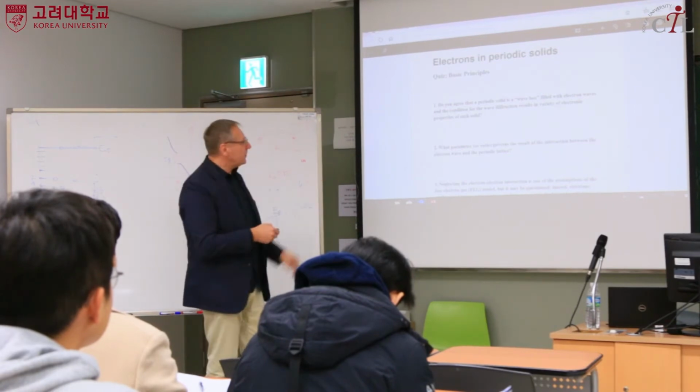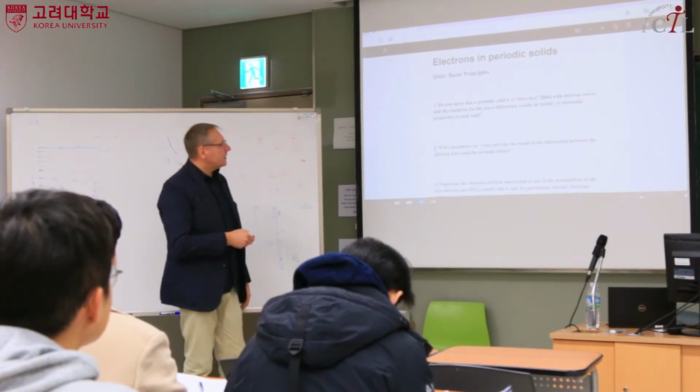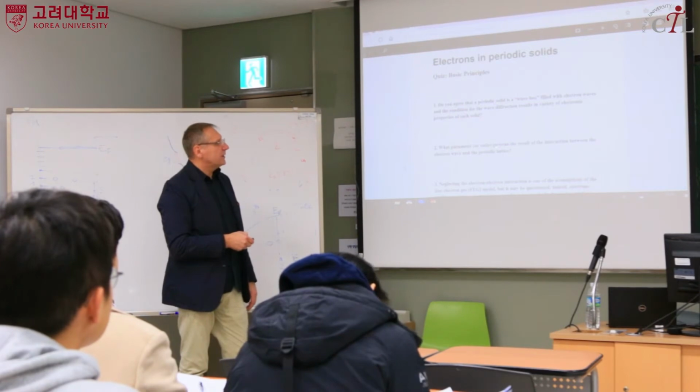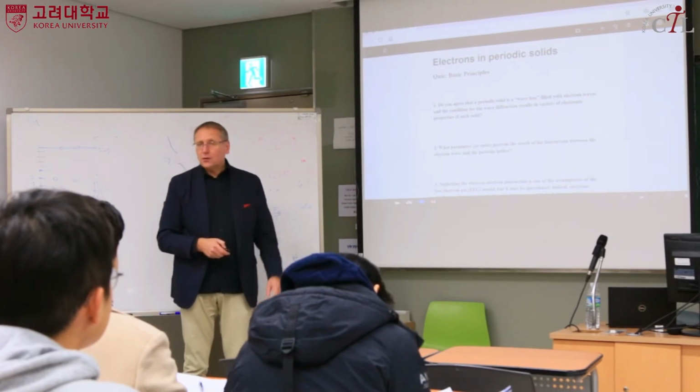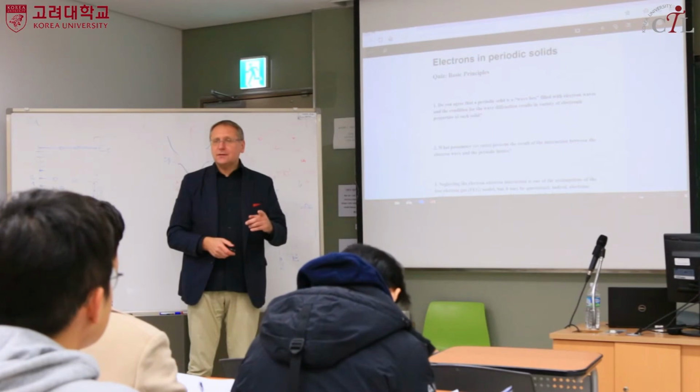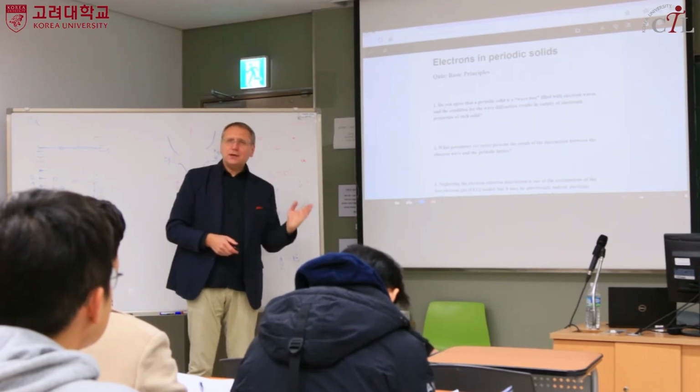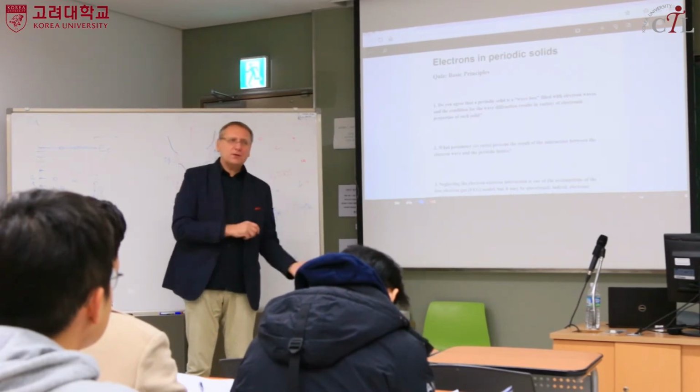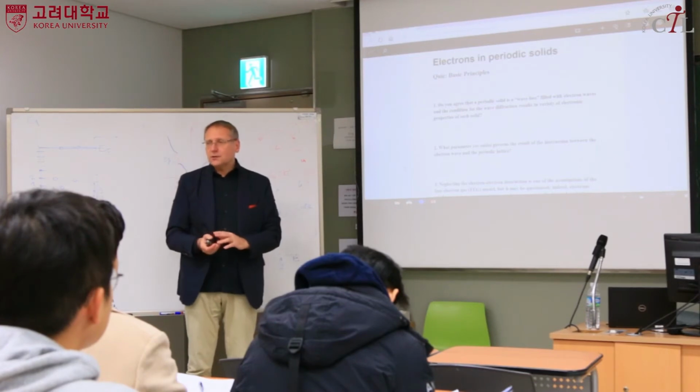If you believe in that, then I can ask you, what parameter really controls the result of this interaction between wave and periodic lattice? What is the parameter that, if it is bigger or smaller, means there is interaction or no interaction? What is this parameter or ratio?